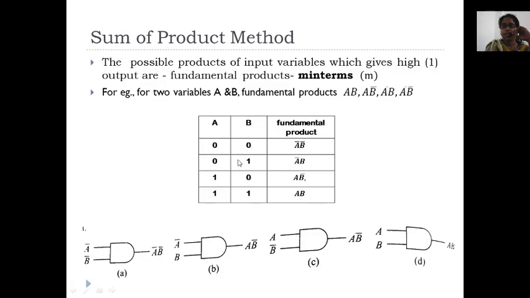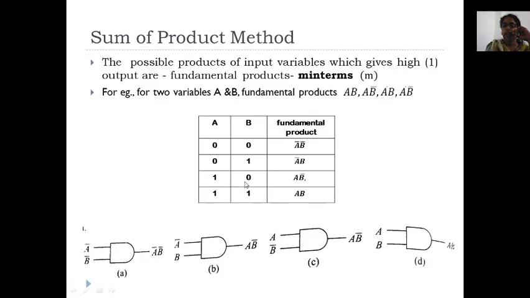So let's see the second entry, A 0 B 1. What we have to do to get the fundamental product? We have to invert A, then only this becomes 1. B is 1, so no need of inversion. So the fundamental product will be A bar B. What about 1 0?